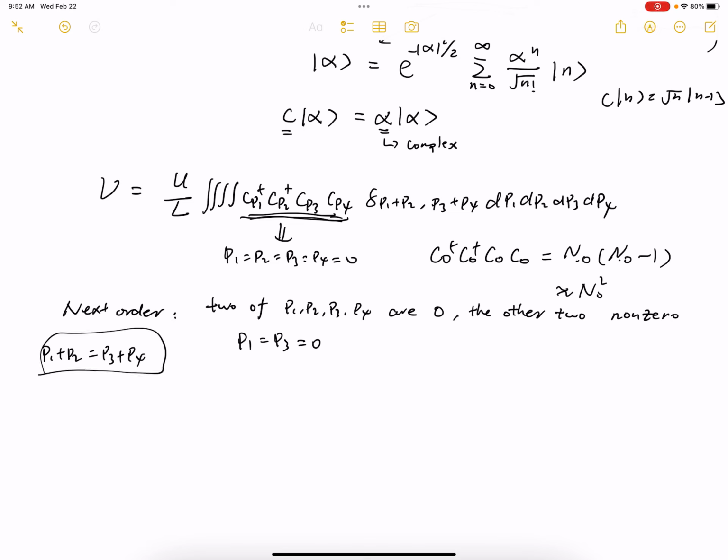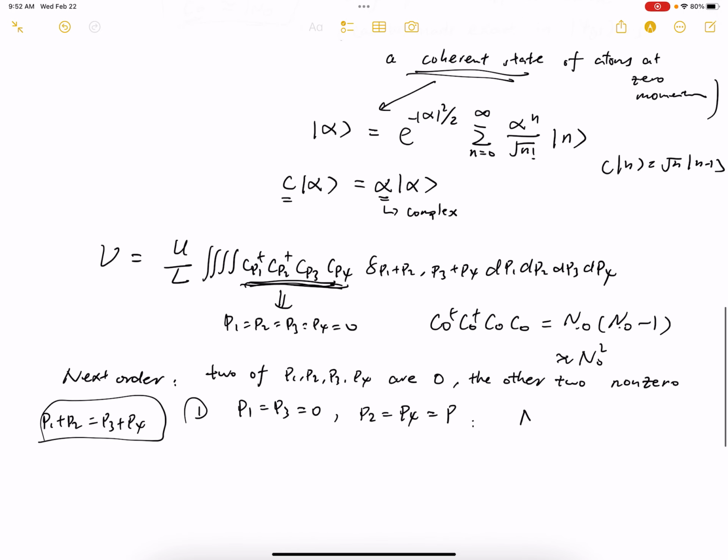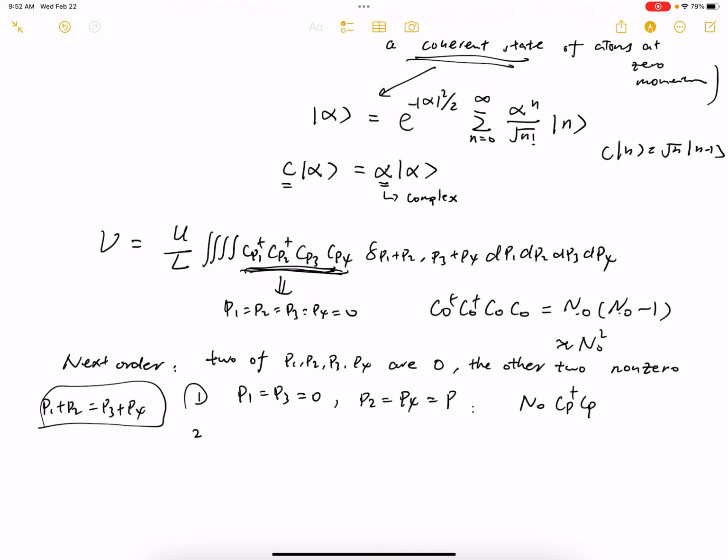So P2 has to be equal to P4, and we can call this P. This is just one of the cases. In this case, we have 2 of the C0s, and each C0 reduces to square root of N0. So I'm going to have an N0 here, and then we're going to have CP dagger CP. So this is one possibility, and certainly we can have other possibilities.